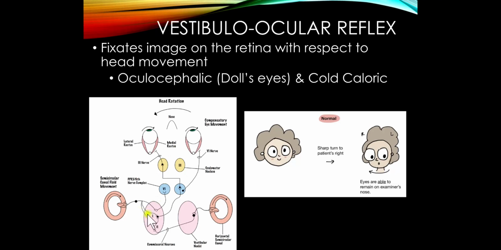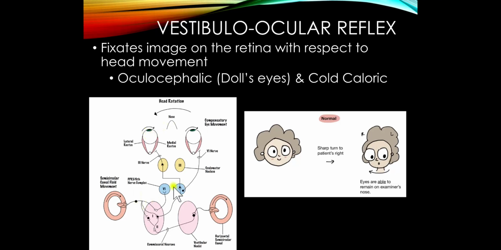Now I'll just give the big picture that from the vestibular nuclei, notice that we end up activating the opposite sixth nerve nucleus. And what does the sixth nerve do? It supplies the lateral rectus. So moving the head to the left ends up activating the right lateral rectus, which then moves the right eye to the right. Now we need the left eye to cooperate and also move to the right.